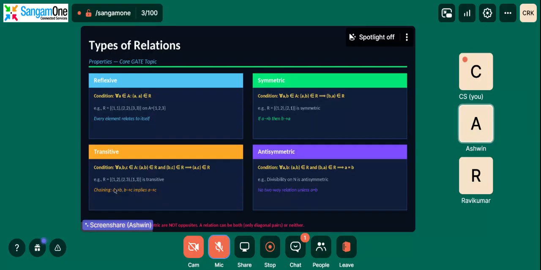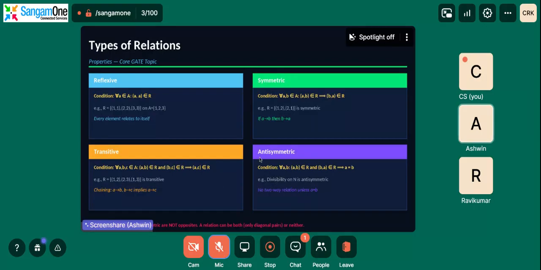If you consider 1, 2, 3 as a, b, c, (1,2) is already in the set and (2,3) is also in the set, then (1,3) should also be in the set.